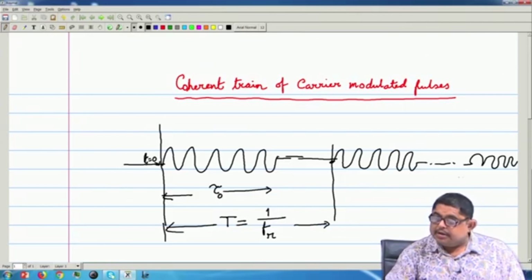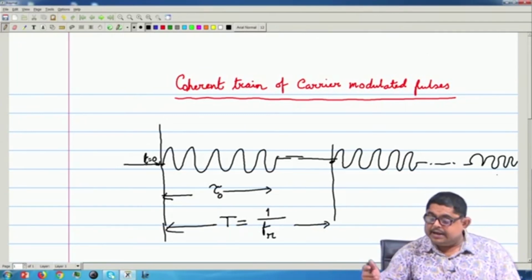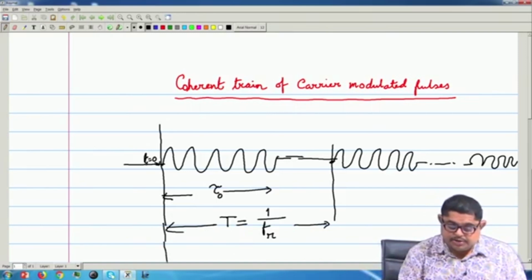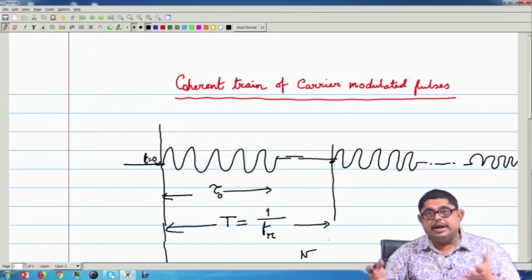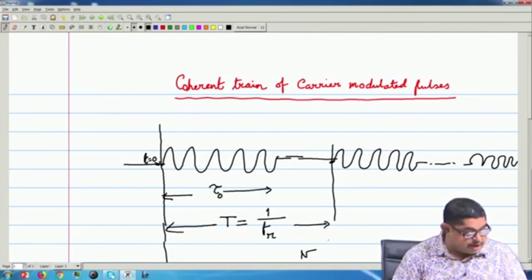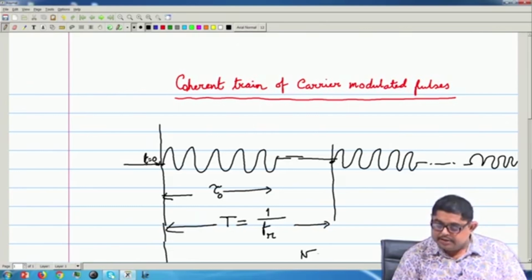I am considering capital N number of pulses, because generally we integrate N number of pulses in pulse radar. One time period is T, that is why capital N into T.